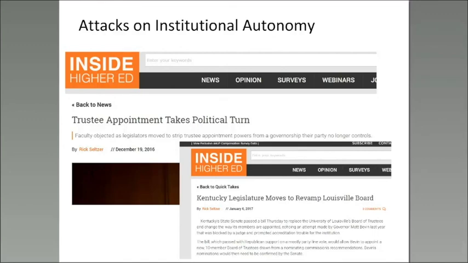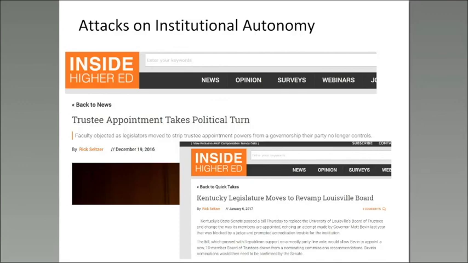Now, the AAUP does not have a specific position whether governing board members should be appointed by the governor or by the legislature, but what is disconcerting here is that changing the mechanism immediately after somebody of a different party is elected governor suggests that the main concern of the North Carolina legislature is not to try to find the most qualified individuals to serve as members of the North Carolina System Board, but instead that there could be political considerations.